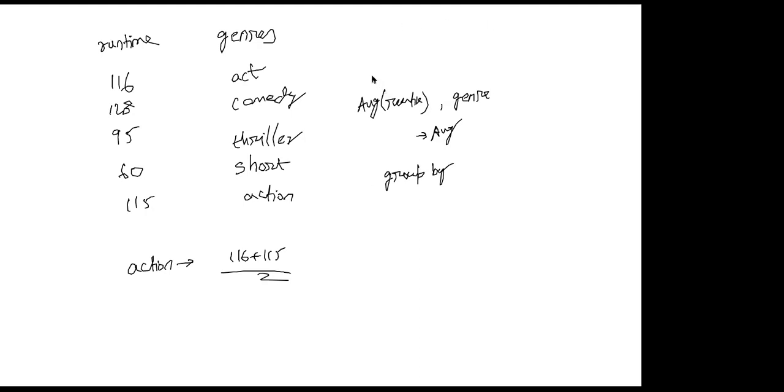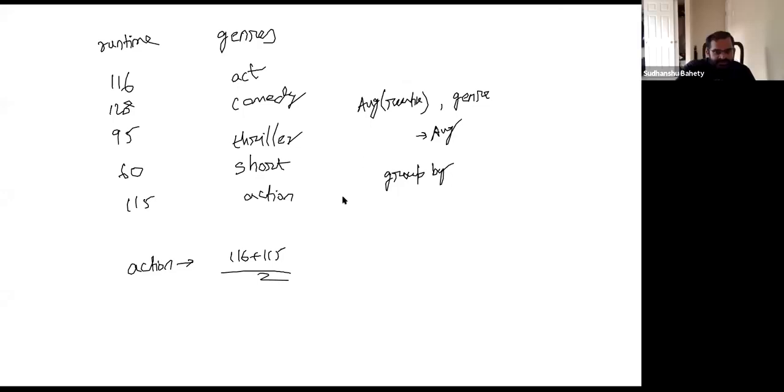So you said it will group by runtime and take the average runtime for all. Can't we do it for some only, like if we want only thriller and short? No, my initial question was, I want to output the average runtime minutes for all these genres. So how will you do that?